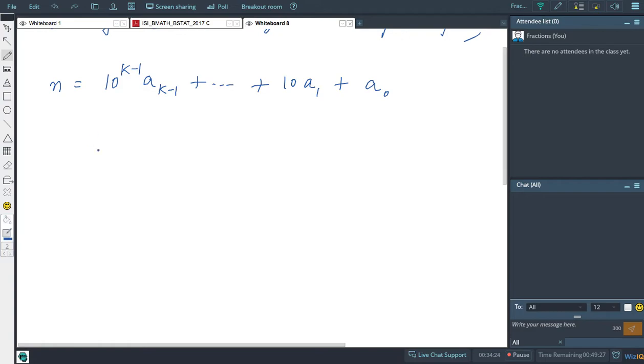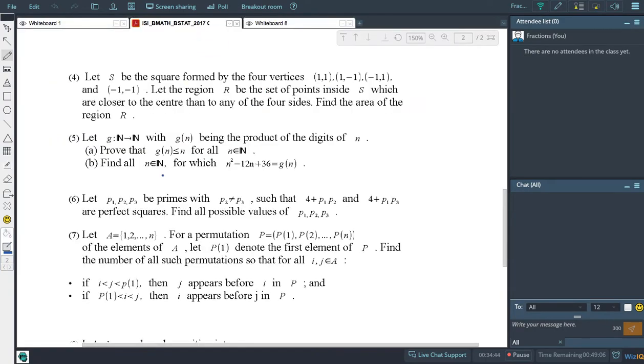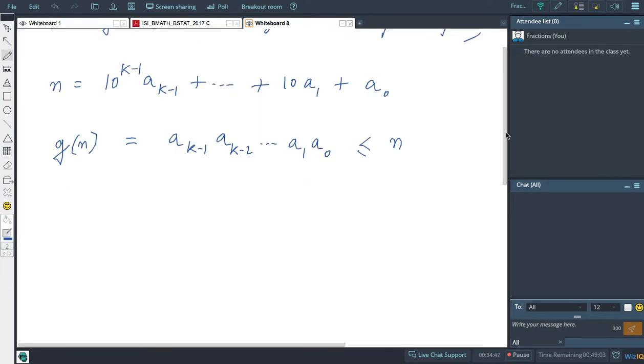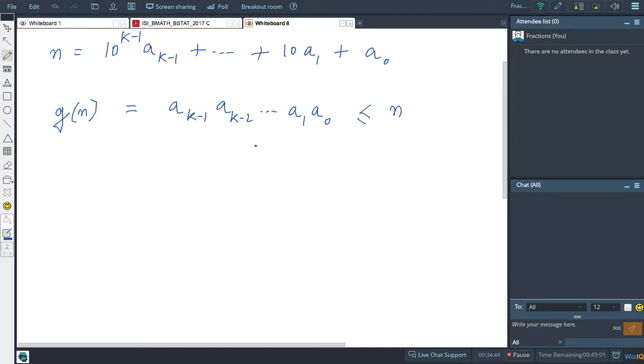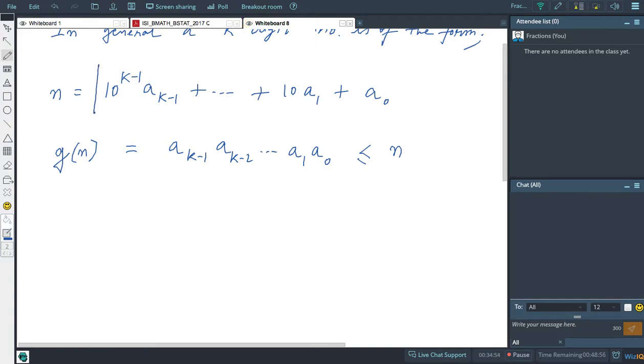Okay, so what we actually need to prove, so now what is g of n? It is the product of the digits, so that is nothing but a k minus 1 times a k minus 2 dot dot dot a1 times a naught. So I need to prove that this thing is less than or equal to n, so that's what we need to prove. Okay, so we'll be concentrating on the first part of this number, that is this part.